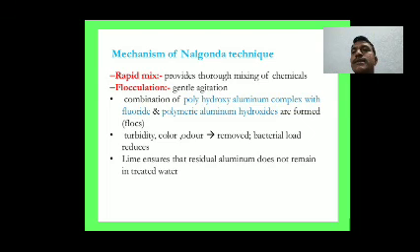The result is formation of micro flocs, provided through mixing of chemicals in the rapid mix. Then after, the water moves into the flocculation process.